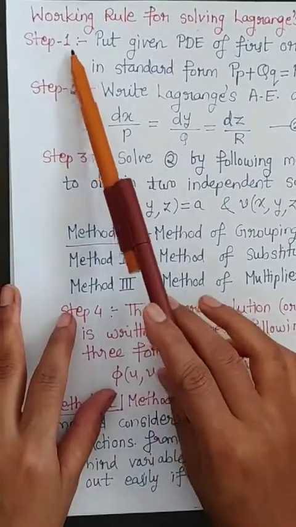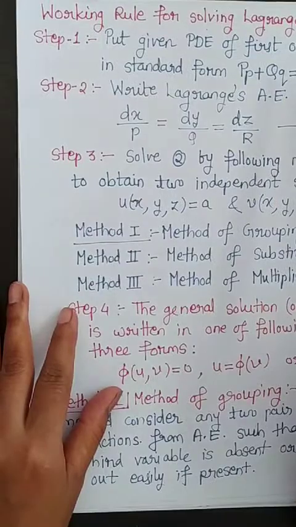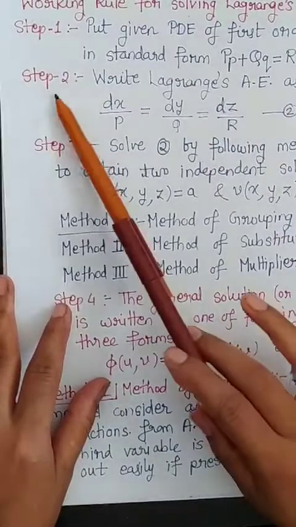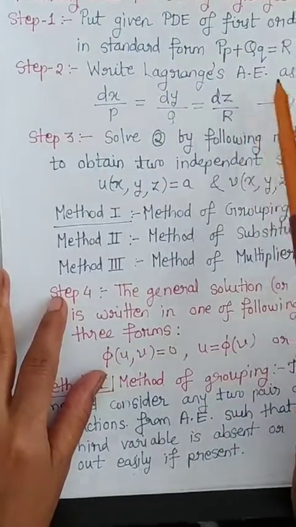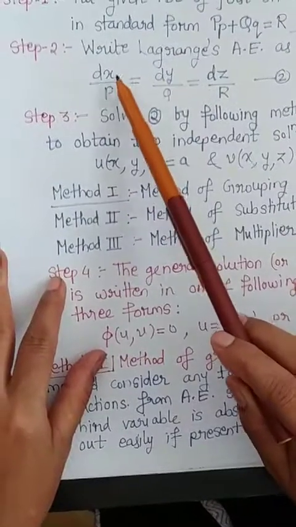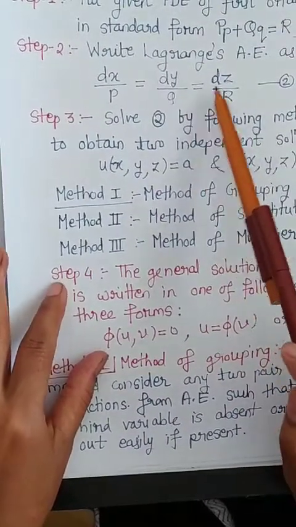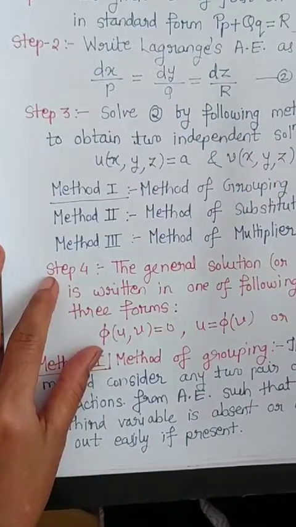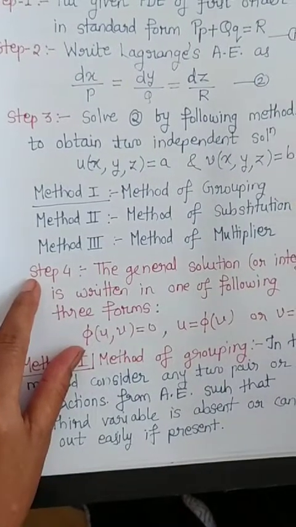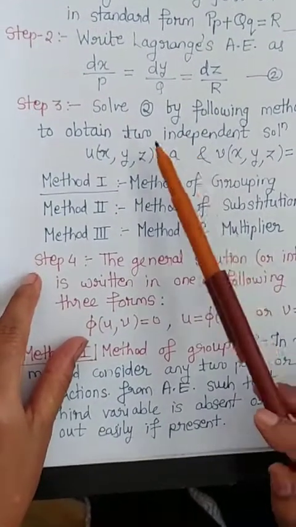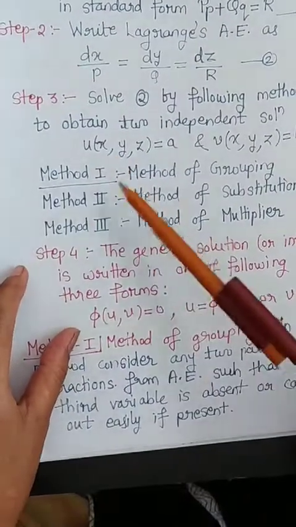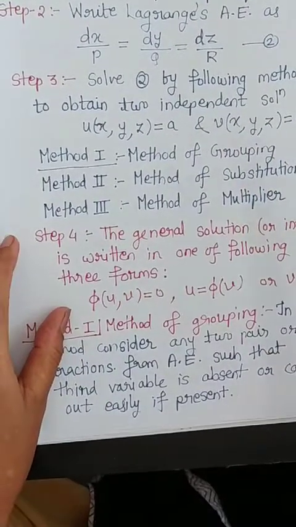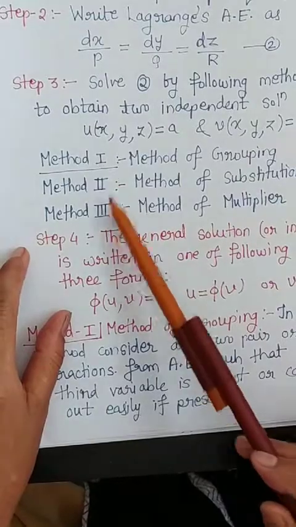Step 1 is to put the given partial differential equation in standard form, that is, Pp plus Qq equal to R. The second step is to write the corresponding Lagrange's auxiliary equation given by dx by P equal to dy by Q equal to dz by R. Then the next step is to solve this Lagrange's auxiliary equation in order to obtain the two independent solutions, namely u of x, y, z equal to a and v of x, y, z equal to b, where a and b are constants, by one of the following methods.